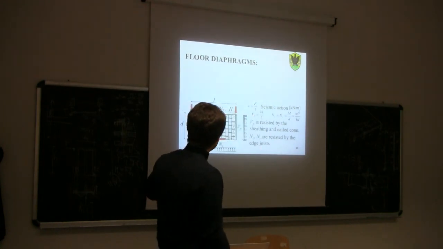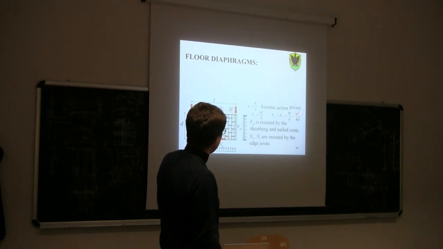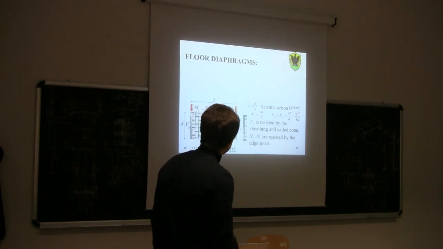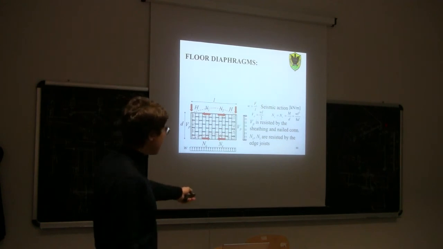And then again, the axial force in the outer edge is M over D, so W L squared divided by 8 times D. So that is what we did here, basically. Okay?